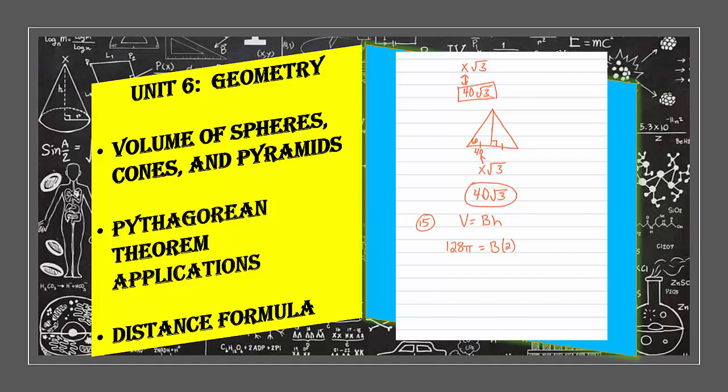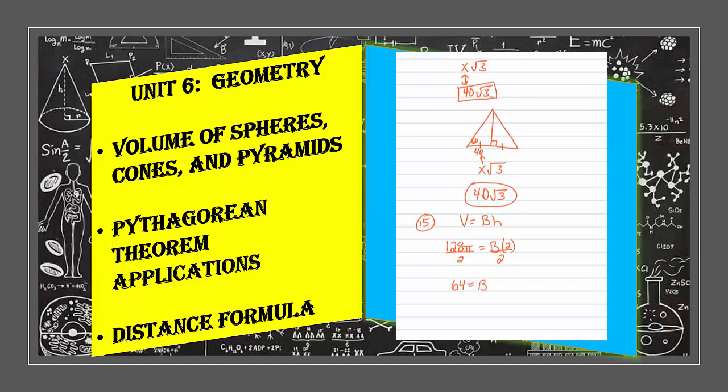Where now I can isolate a variable at least, divide by 2. And 128 divided by 2 gives me 64 is equal to my base.